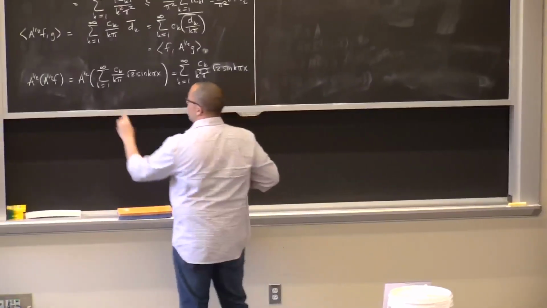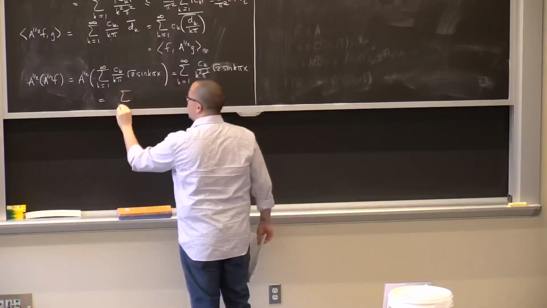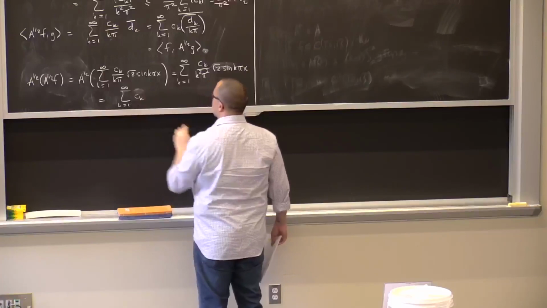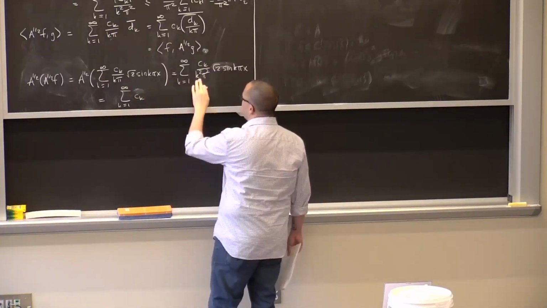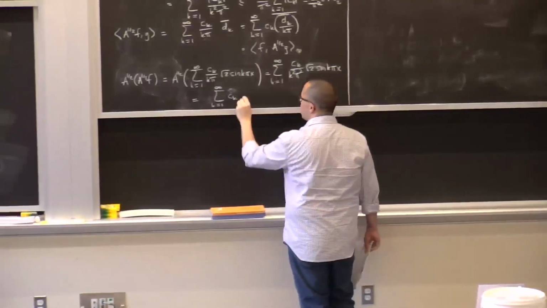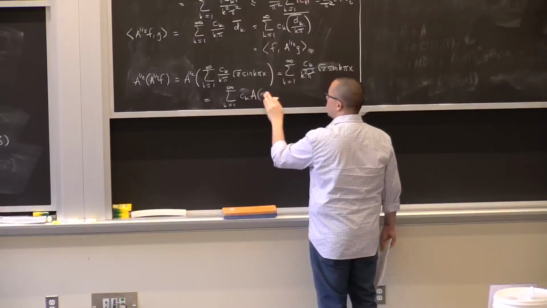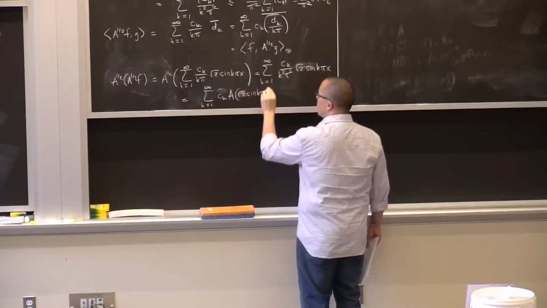Let's leave it here. Now, going from here to what we have next, since each of these is an eigenfunction of A with eigenvalue 1 over k squared pi squared, this is also equal to A applied to the function ck times square root of 2 sine k pi x.